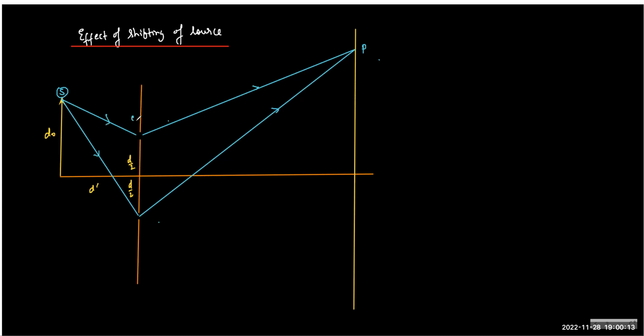Now, earlier, the paths SS1 and SS2 were not creating any path difference, isn't it? But now even that will create a difference, right? So we have to draw the angle on both sides like this. If I call this angle alpha, because this we call theta by default.